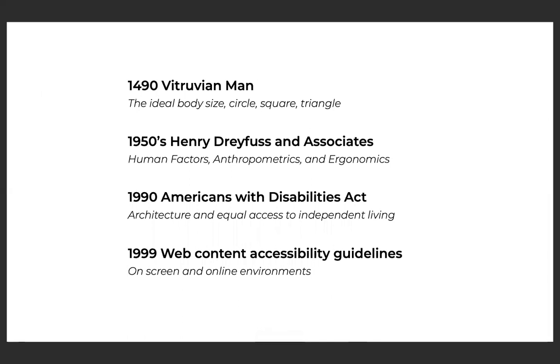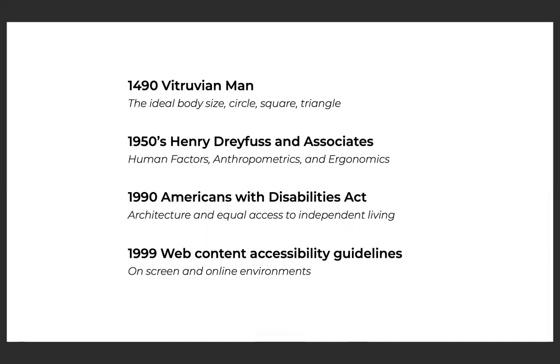So when we think about human-centered design, the first step is focusing on the people you are designing for and with. And that starts with understanding measurements of the human body. So the Vitruvian Man, the ideal body size, circle, square, triangle. And then adding in human needs and behaviors with Henry Dreyfuss and Associates with human factors, anthropometrics, and ergonomics.